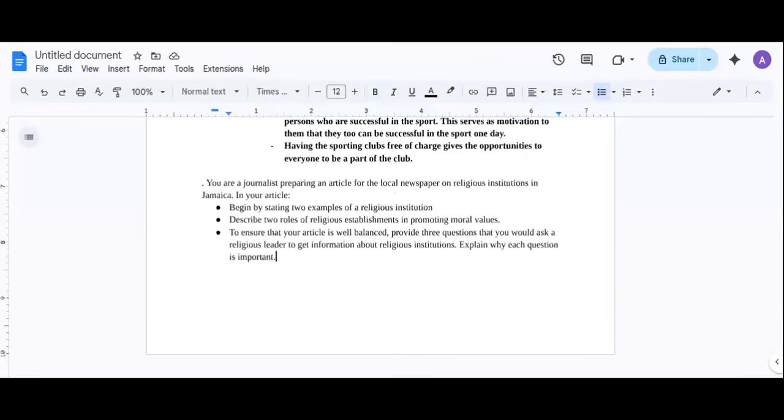Right, so you are a journalist preparing an article for the local newspaper on religious institutions in Jamaica. In your article, begin by stating 2 examples of a religious institution. Describe 2 roles of religious establishments in promoting moral values.